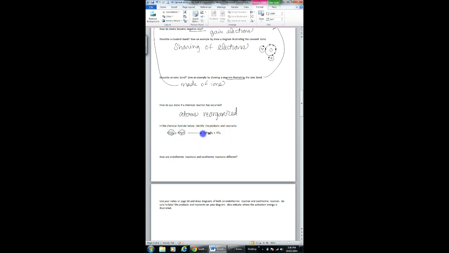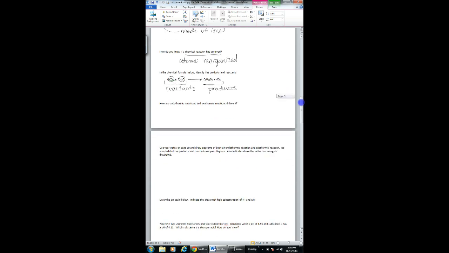We have C and O, and we also have H and O, but now they've been rearranged, and so when they're reorganized or rearranged, we know that a chemical reaction has occurred. We want to identify the products, so whatever's at the beginning is always the reactants, and whatever is produced is the products.